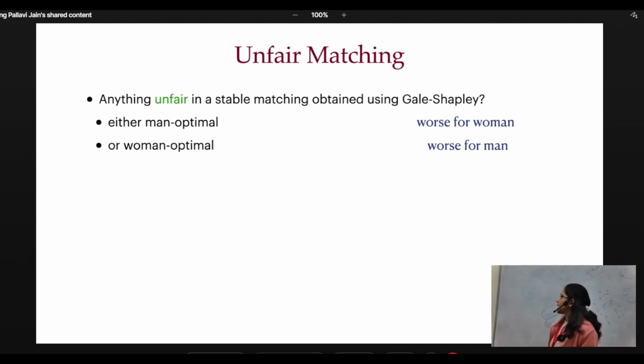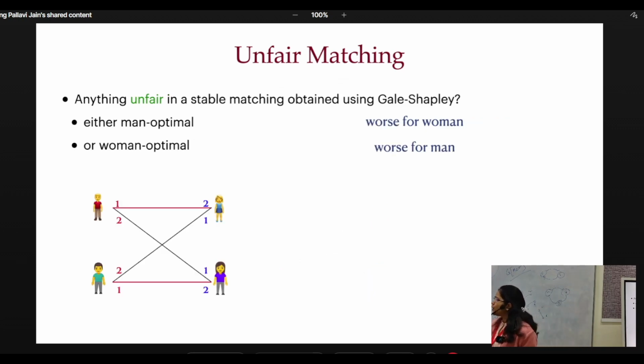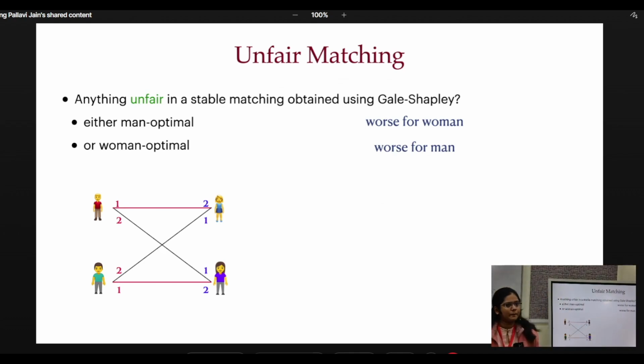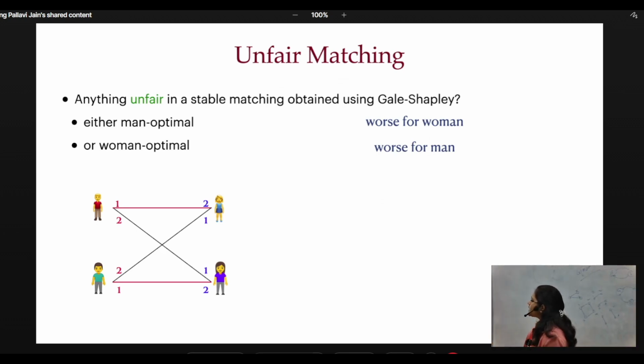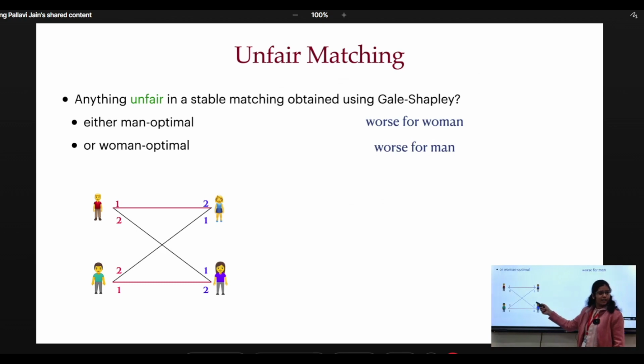If we look at this very small example, what is this red matching? Is it man optimal or woman optimal? This is the man optimal matching, and it's very obvious because this red guy is getting his first preferred partner and this green guy is also getting his first preferred partner.